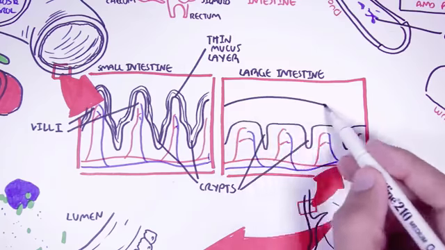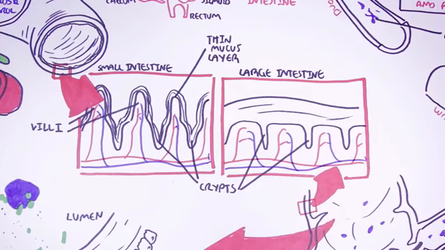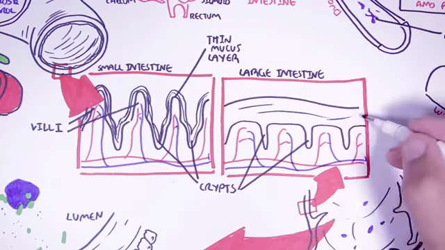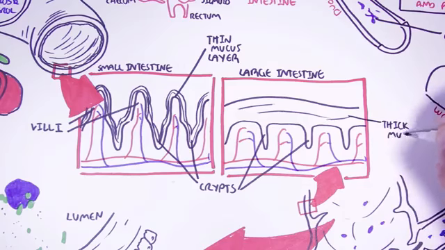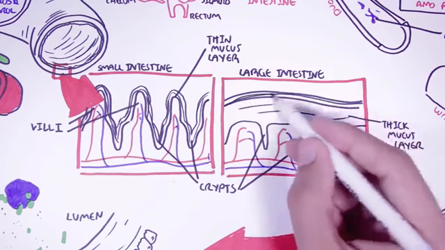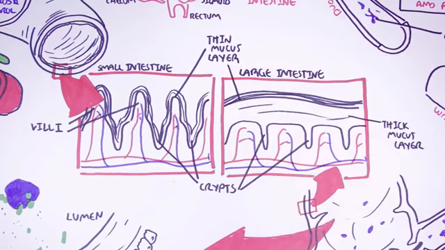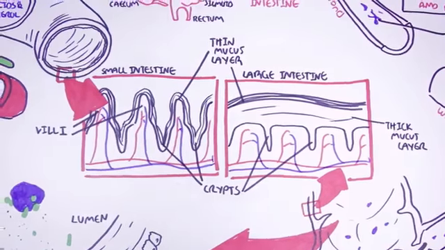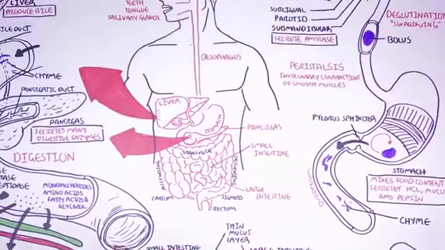And to add further to this, the large intestine has a very thick mucus layer compared to the small intestine, with an additional thinner mucus layer on top. The difference in mucus thickness is thought to be because of the denser population of bacteria that reside in the large intestine.